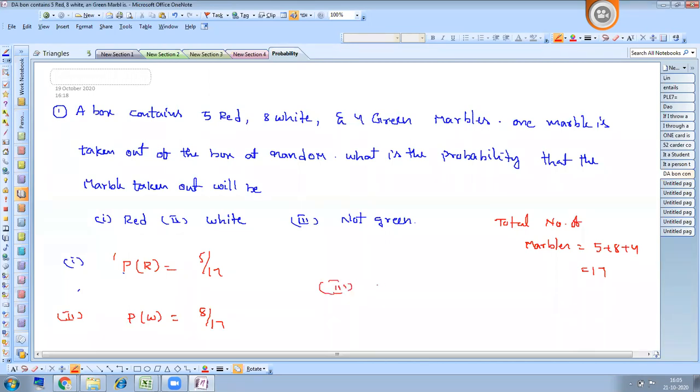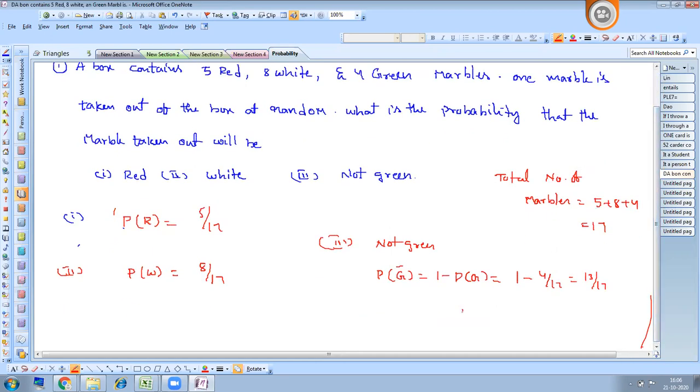Probability of getting not green: not green means the complement of green, that is 1 minus the probability of getting green, which is 1 minus 4 by 17, that is 13 by 17. This is one method. Or, not green means probability of getting white or red, that is 5 by 17 plus 8 by 17, which is 13 by 17.